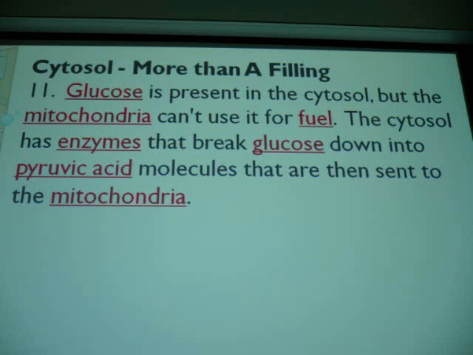Now, what I did not say on here is that actually, I'm talking about a thing called glycolysis. This is glycolysis up here, without me actually writing the words on the screen. Let me tell you what's going on.